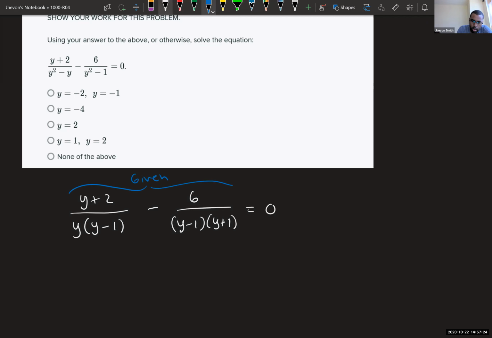And now what I can do is multiply this entire equation by the LCD, y times y minus 1 times y plus 1. This is the LCD found in the last part. So I can take this expression here and multiply that and multiply that.